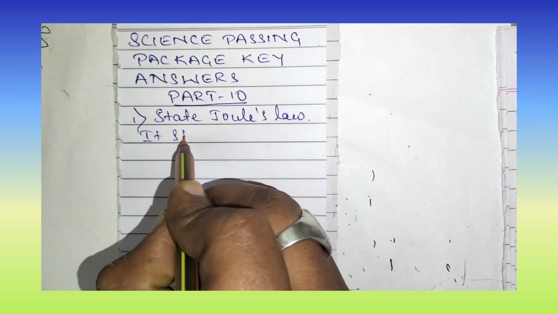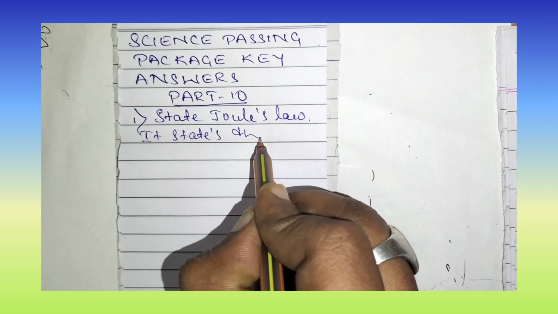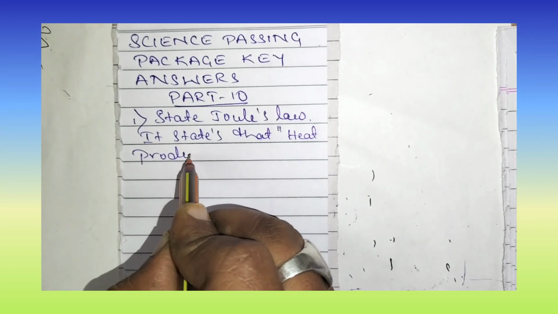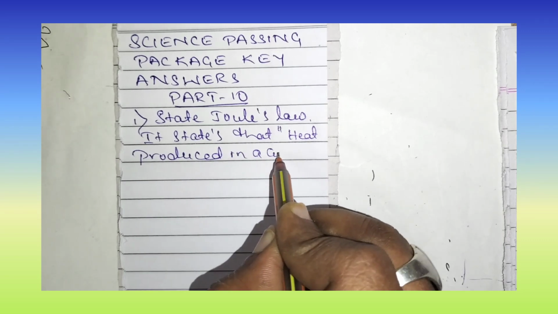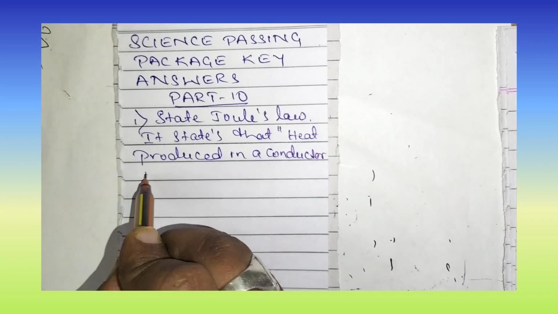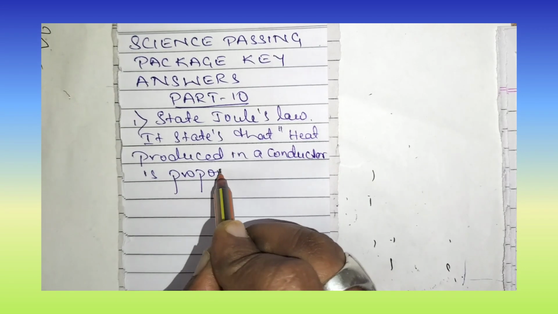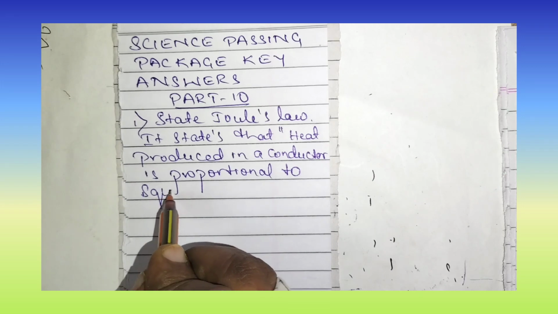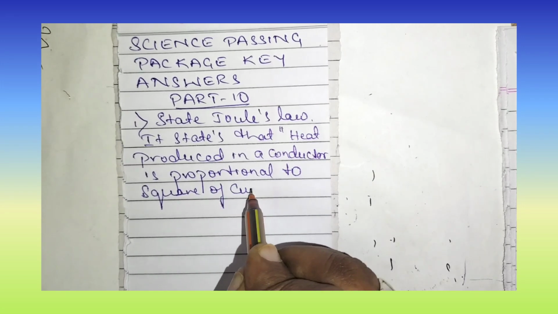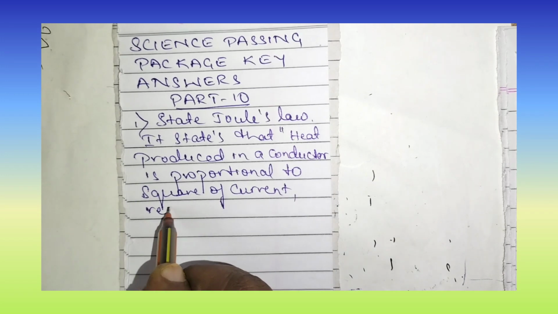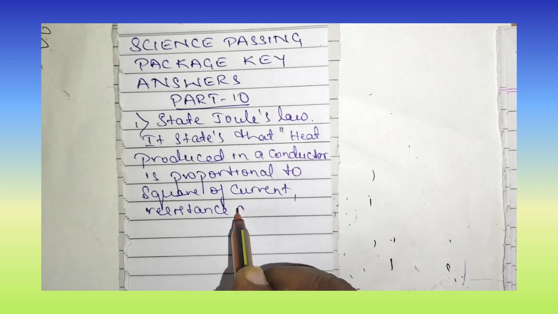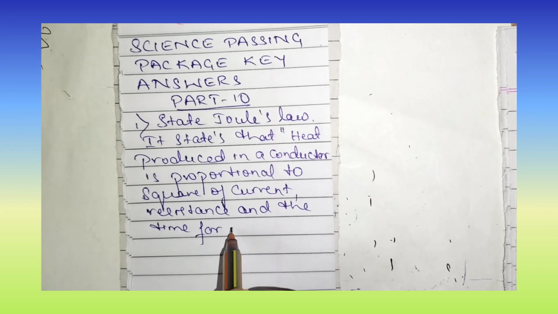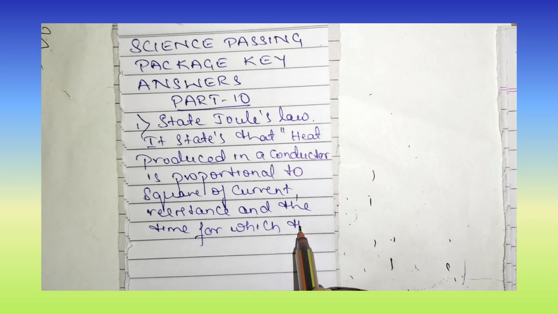So it states that heat produced in a conductor is proportional to square of current, resistance and the time for which the current flows.